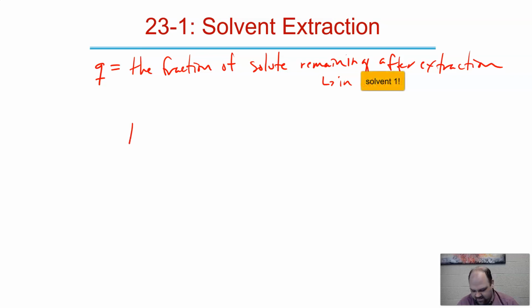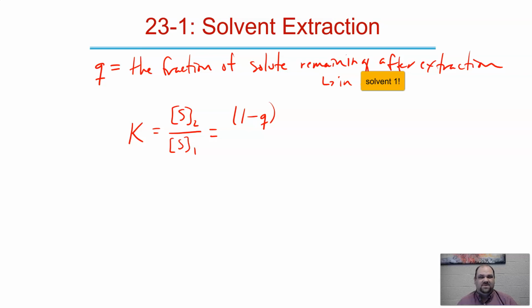So from K, which again is the concentration of our solute in the second solvent divided by the concentration of the solute in the first solvent, this is equal to 1 minus Q. So that's the fraction that moves over, right?